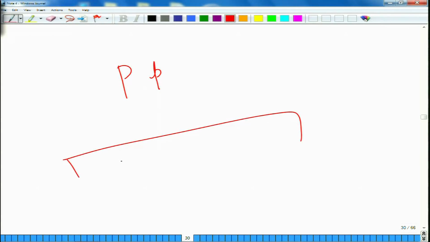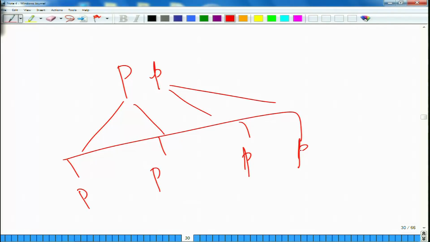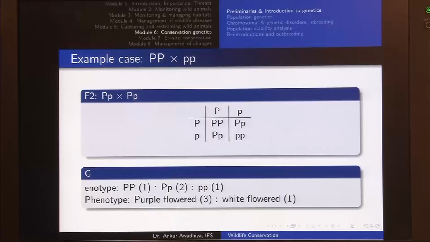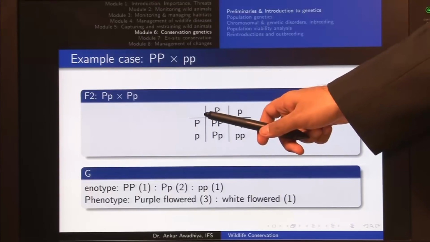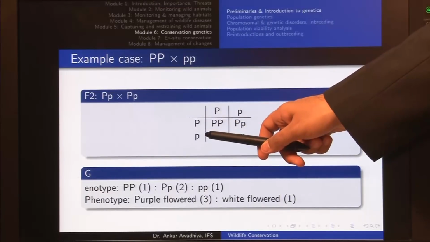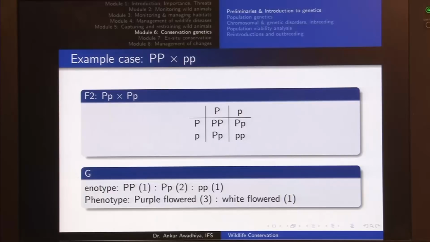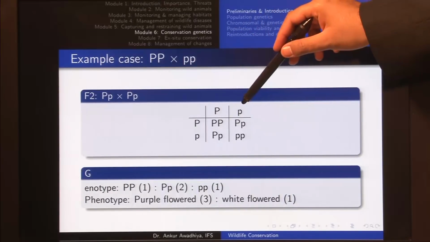When it gives out sperms, we'll have 2 that will be having capital P and 2 that will be having small p, which we are representing here by putting it on the left side. So one is having capital P, one is having small p. So there are only 2 different kinds of sperms that are being produced. Similarly, in the case of ova, we also have only 2 different kinds of ova, capital P and small p.